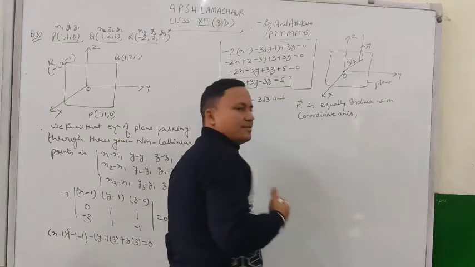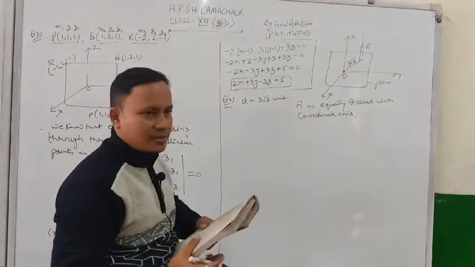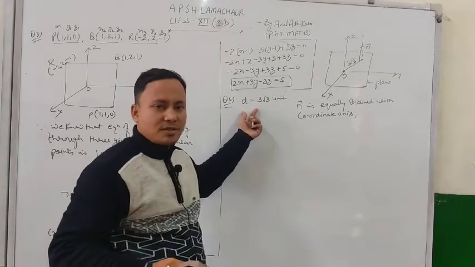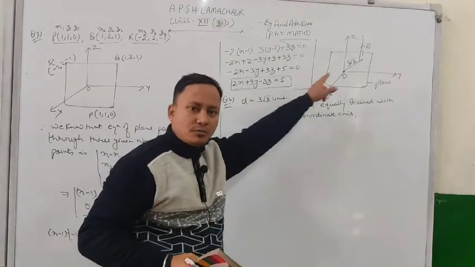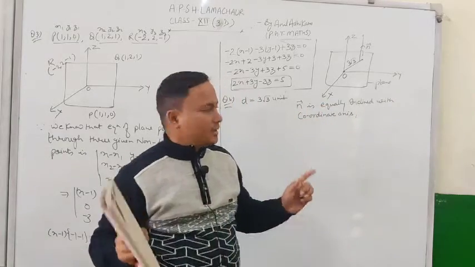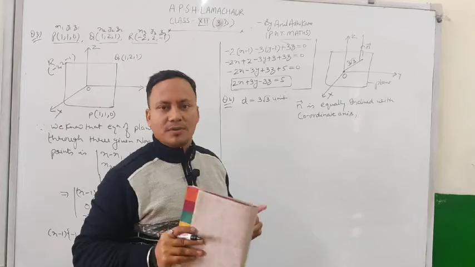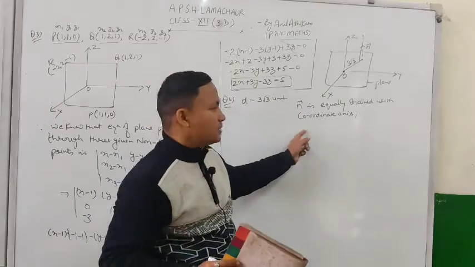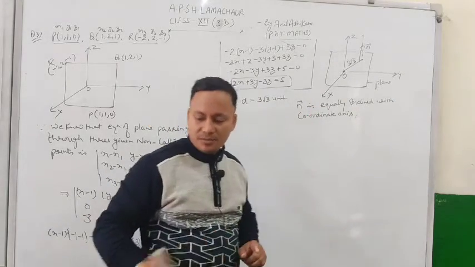This is the information which we have been given: the distance from origin is 3√3 unit and the normal to the plane is making equal angles with the coordinate axes. Only these two conditions have been given. On the basis of this information, we have to find the required equation of the plane.